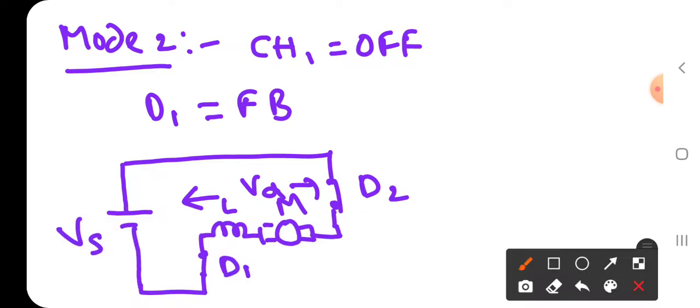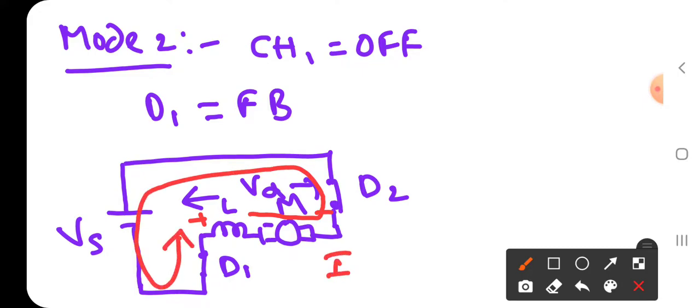Here Va is positive, Va negative, and the direction of current is like this, from A to AA. The current supplied by the motor flows from A to AA, and this IA is supplied with the potential difference.